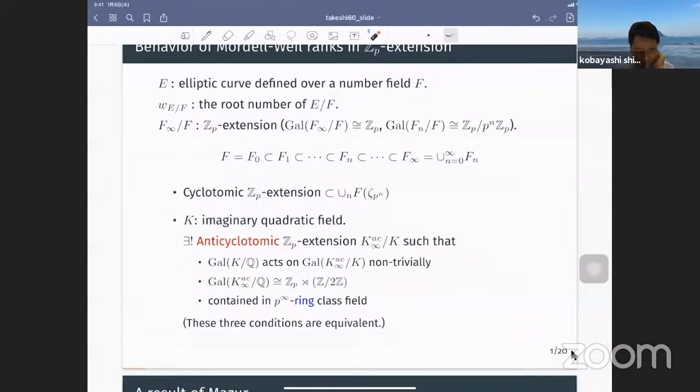Yeah, the anticyclotomic extension is important because it arises from, for example, CM points of modular curves and deformation spaces of abelian varieties or Lubin-Tate formal groups. So anticyclotomic Iwasawa theory has a geometric aspect.